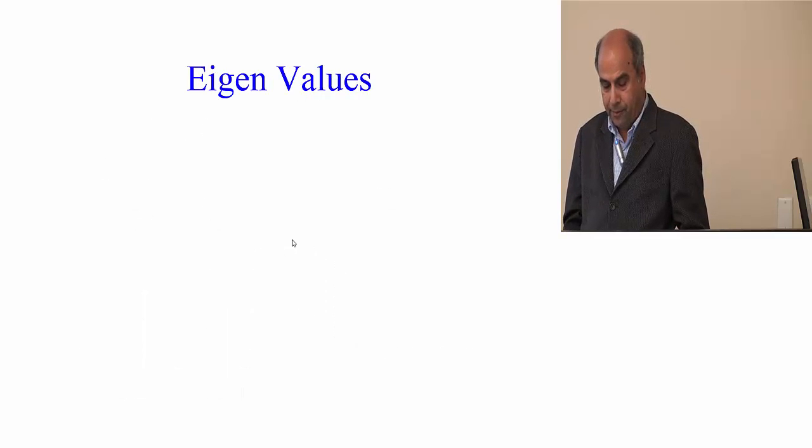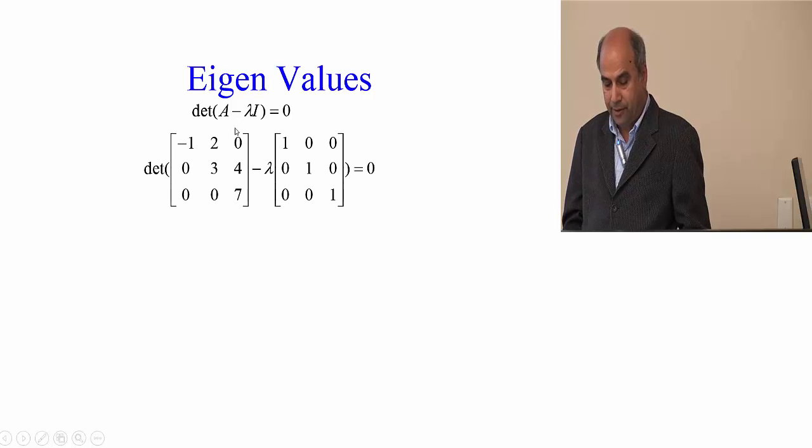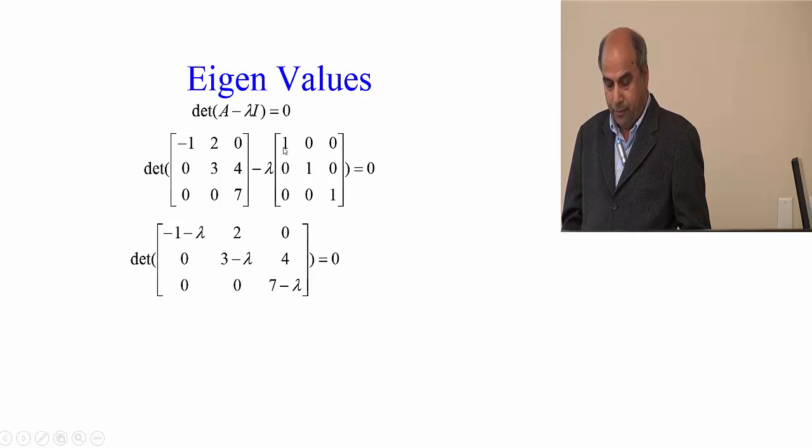Now let's talk about how we find these eigenvalues. We have matrix A, this is the identity matrix multiplied by lambda, and we subtract it. This becomes -1 minus lambda, 2 minus 0, 0 minus 0, and like that.